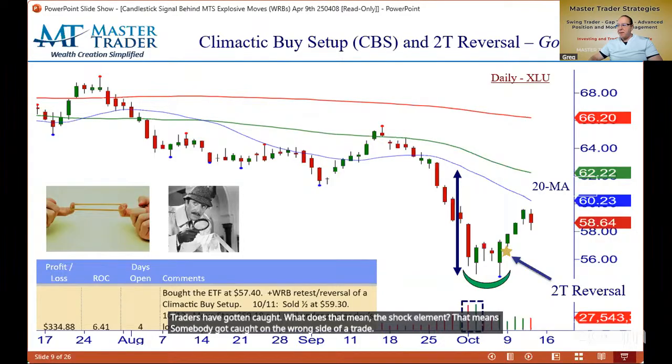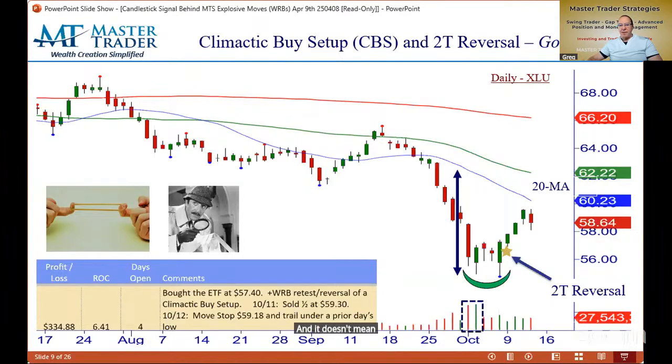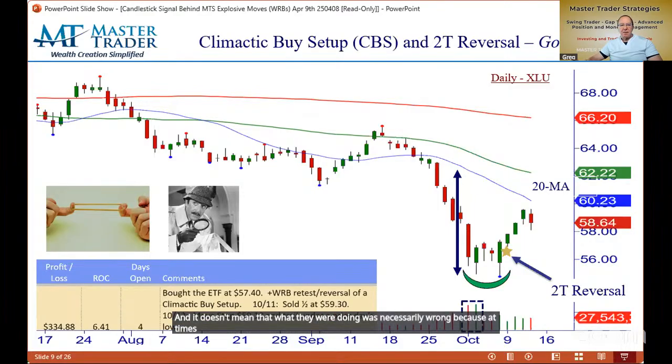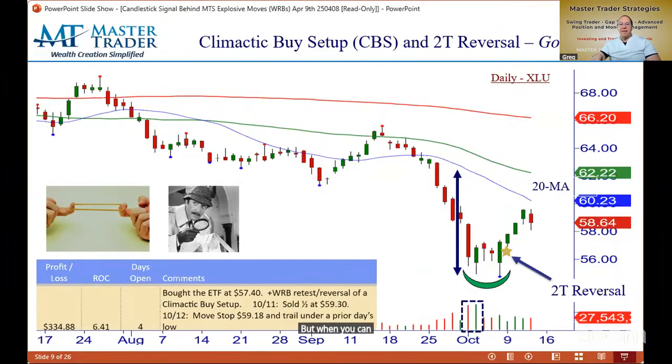And it doesn't mean that what they were doing was necessarily wrong, because at times we're going to get caught on the other side of a trade, and while we have stops. But when you can recognize things like this, that's where the magic happens, because now we know that the odds are in our favor.